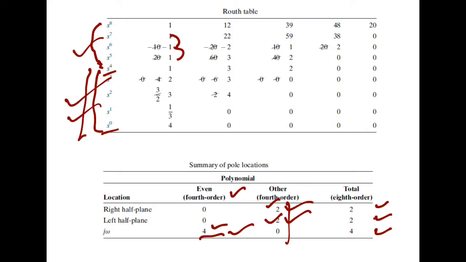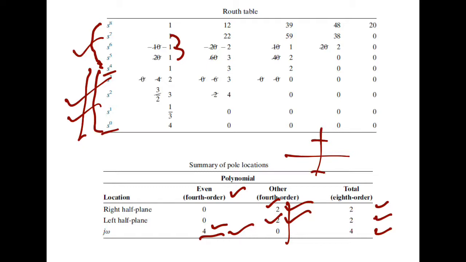Because of the symmetry of the roots about the origin, the even polynomial must have the same number of left half plane roots as right half plane roots. Having accounted for the roots on the right and left half planes, we know that the remaining roots would be on the j omega axis.